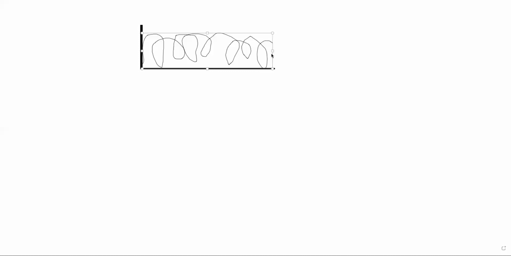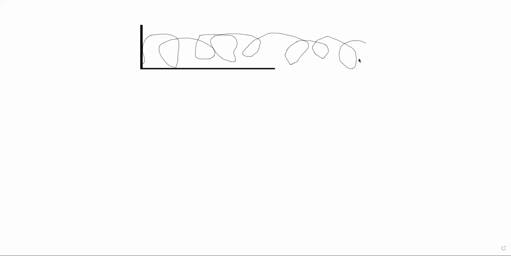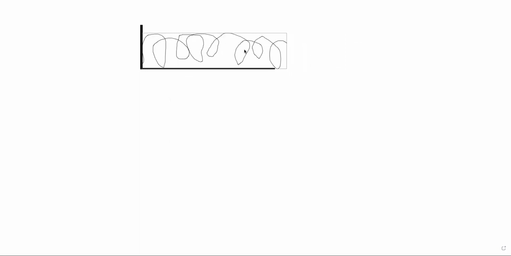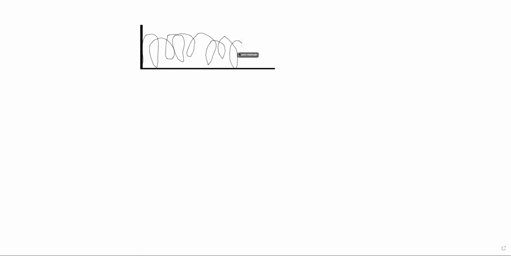So if you stretch it out and then you release it, it's going to go down and then it's going to go up. And then it's going to go down a little bit less than last time. And then it's going to go up a little bit less than last time. And it'll keep oscillating back and forth until it gets back to its equilibrium position.